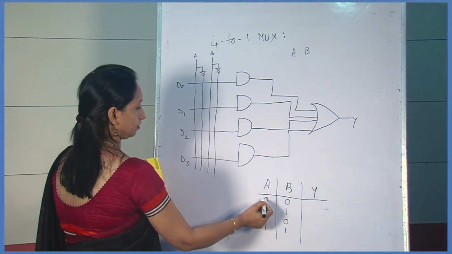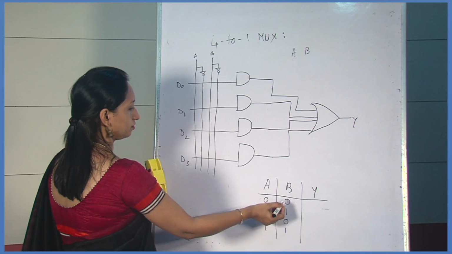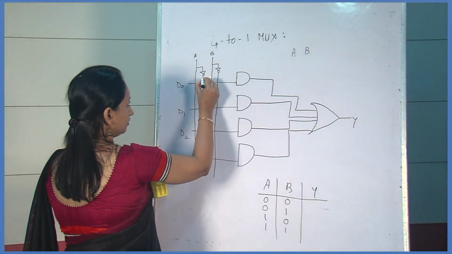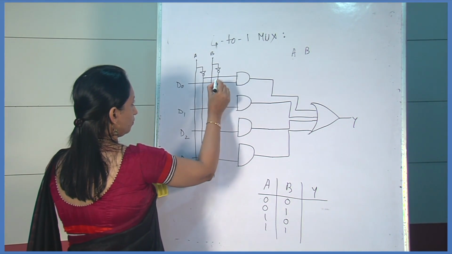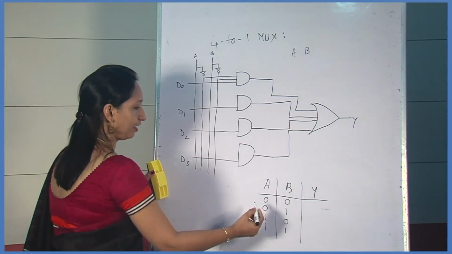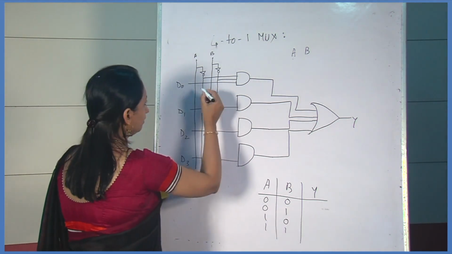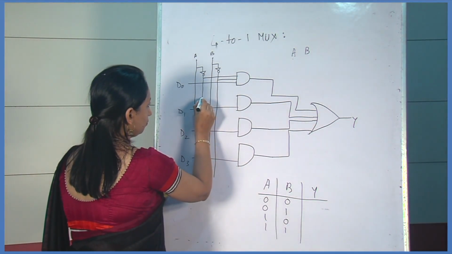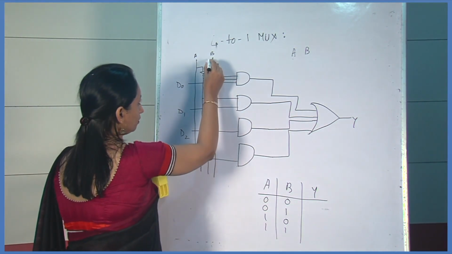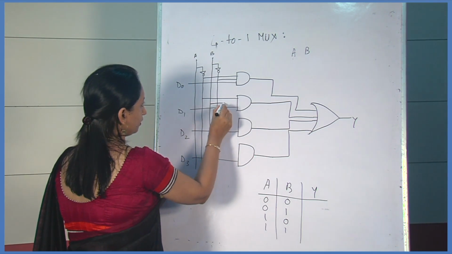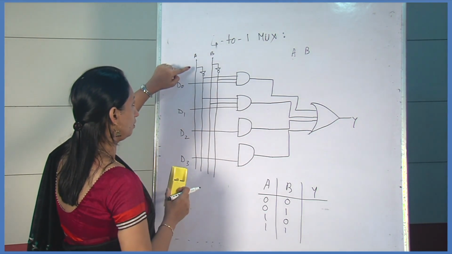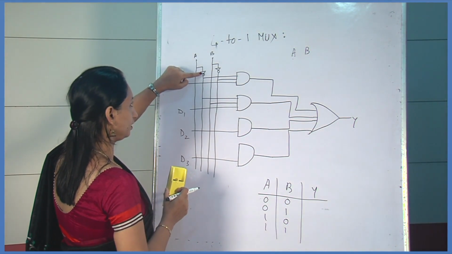So first A and B are 0, 0. That means in the first gate, this NOT gate is 0, then B is 0. This will be the input. In the second case, 0, 1. That means A is 0, so from this line, then B is 1, so from this line. Here both the inputs are 1, 1, and we apply a NOT gate to make it a 0 input.